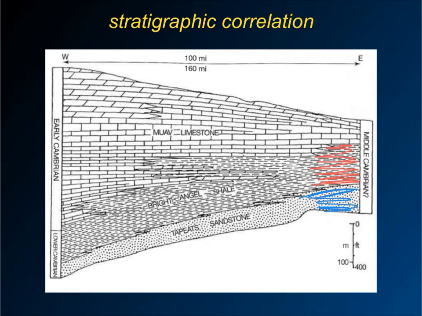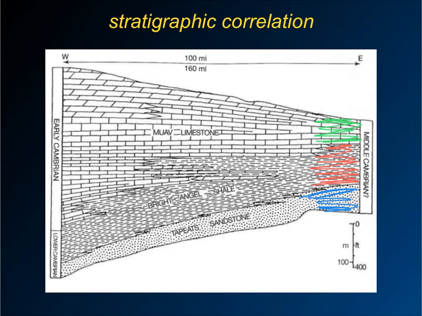And then above that is the Muav Limestone. So you go out to the lower part of the Grand Canyon, which are rocks from the Cambrian period, roughly 500 to 530 million years ago, and you see sandstone, shale, limestone. And you can see there's roughly a third of each within that stratigraphic section.